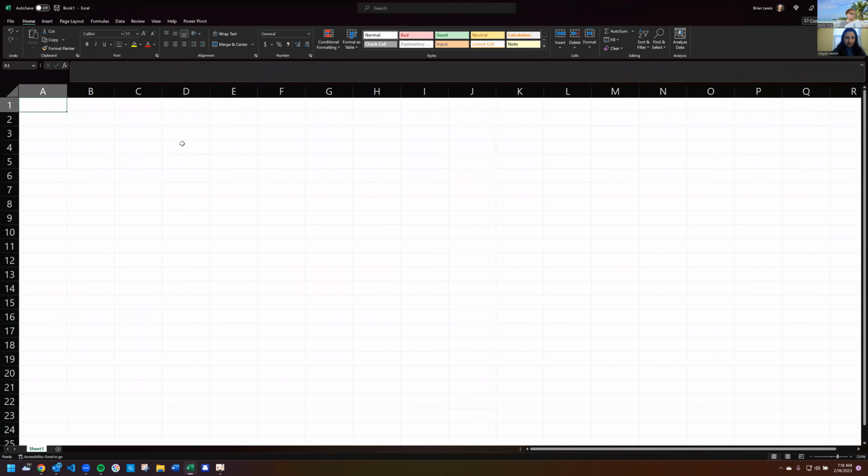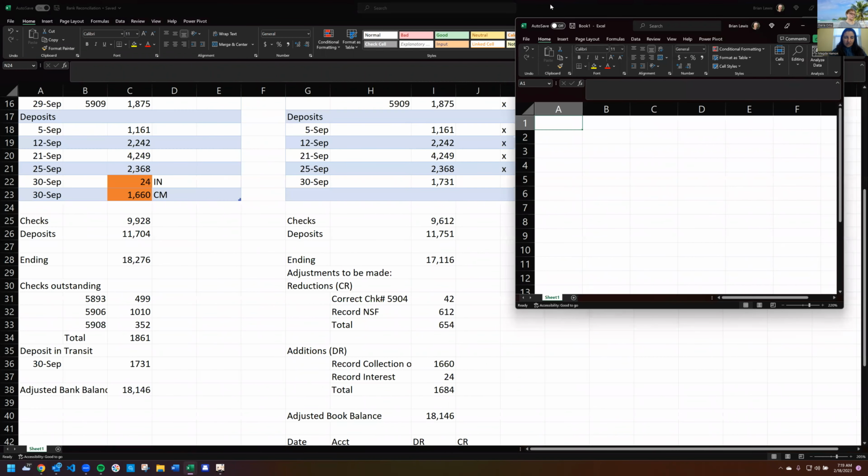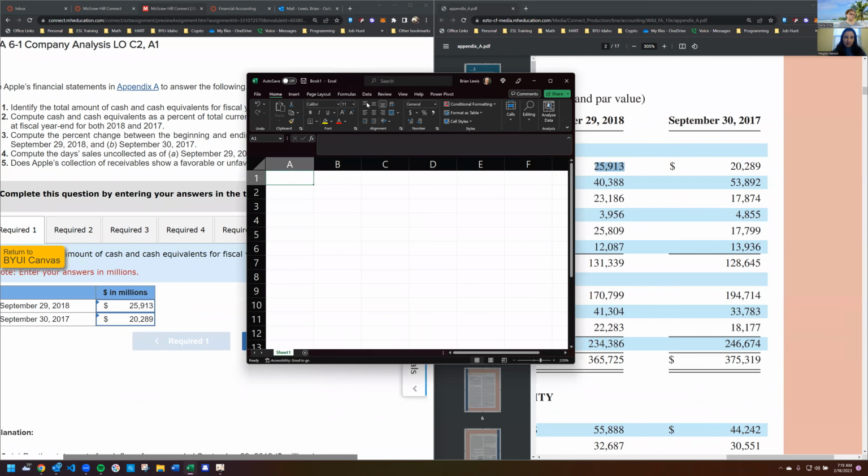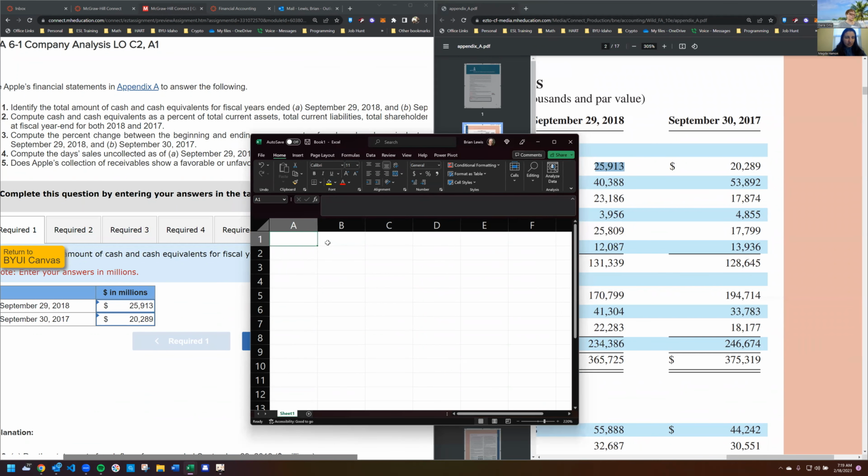If you go to the requirements, it shows you the numbers, but I'm just going to calculate it for you.